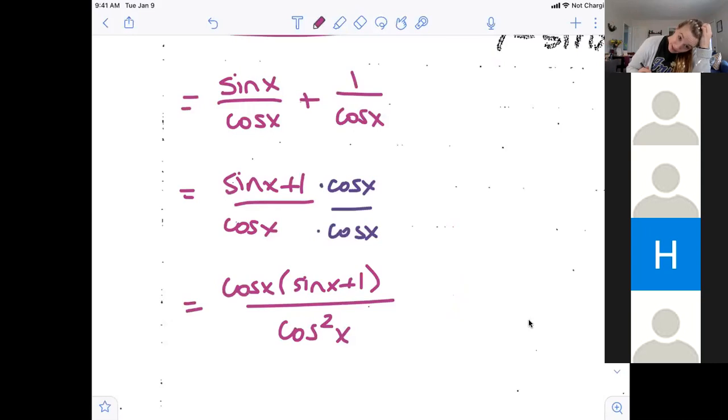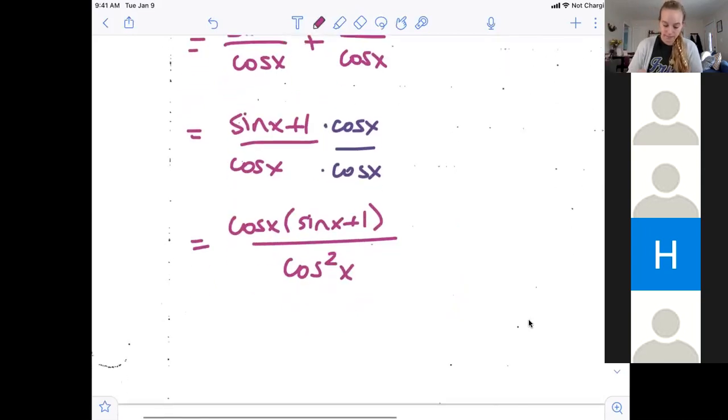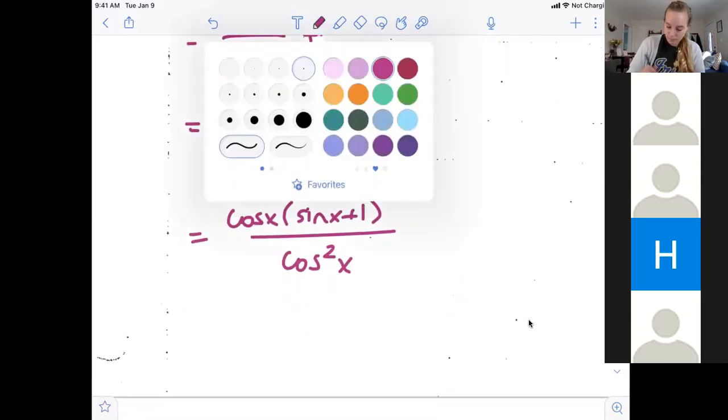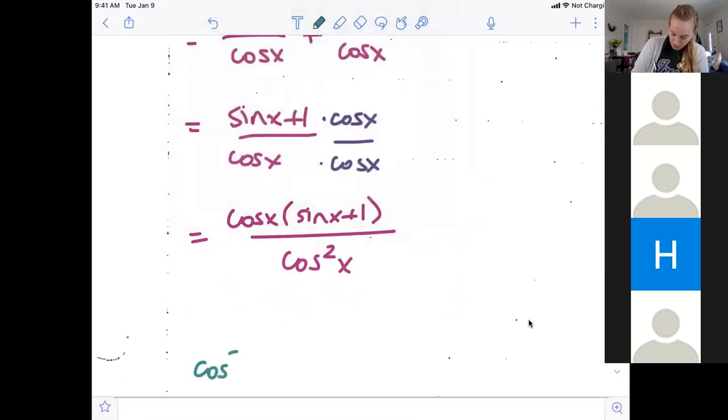Now that I'm here, though, I want you to look at your identity sheet. There's an identity that says cosine squared of x equals something. If you go look at your identity sheet, it equals 1 minus sine squared x.